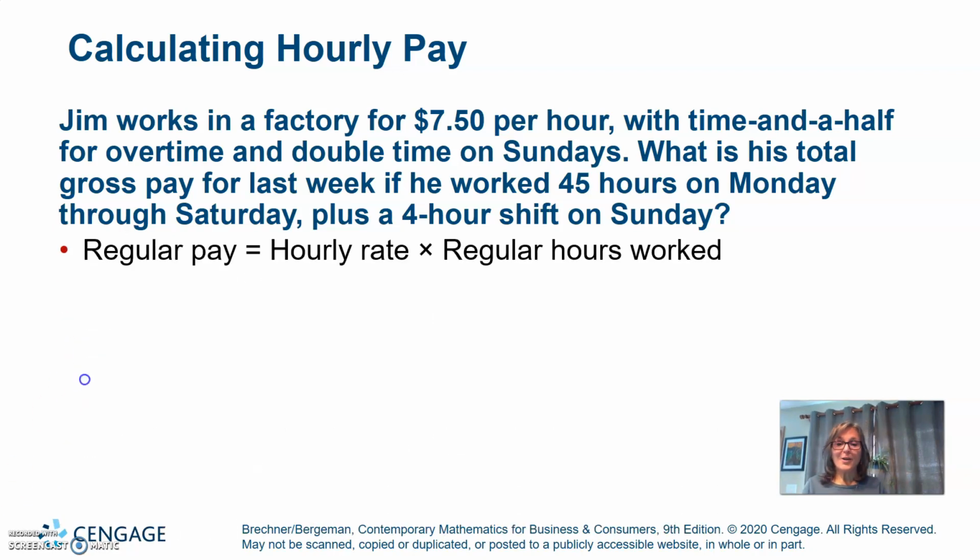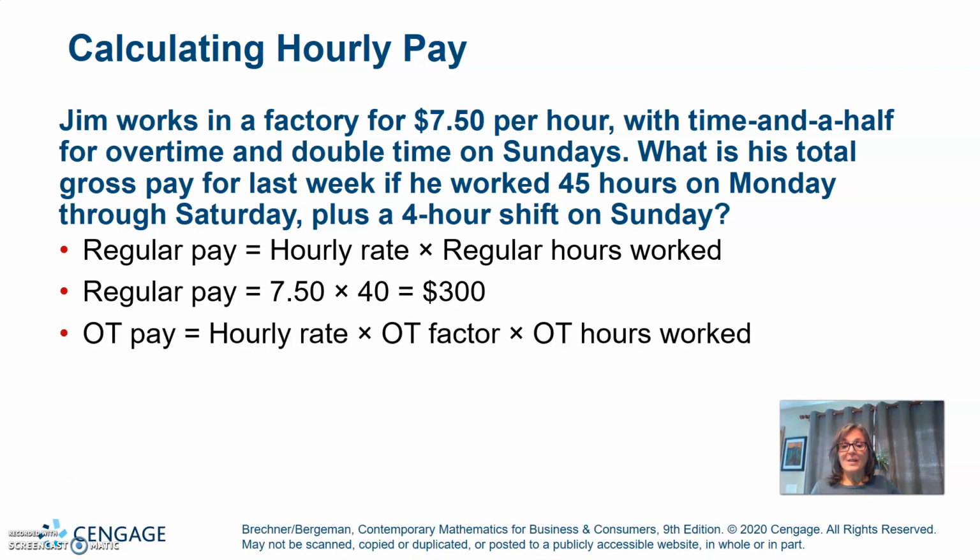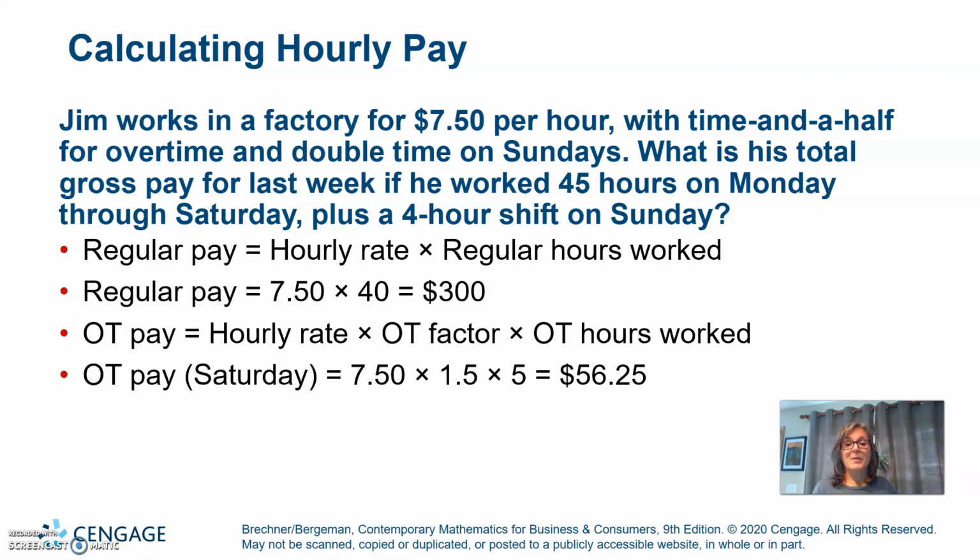All right, so regular pay, we would take the $7.50 times the 40, because those are the regular hours, and we pay the regular amount of money. Overtime would be the overtime factor times the overtime hours worked times that same hourly rate. So it would be $7.50 times 1.5 times 5 to get $56.25.